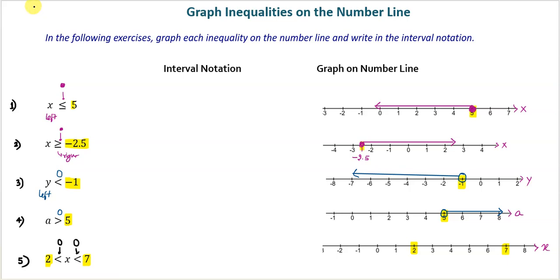So here also it's a hollow circle and here also hollow. Now the value of x lies between these two, so you have to join them in parallel. It's not going in any direction, but instead it is an interval.